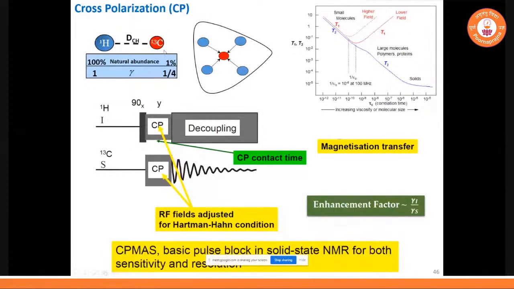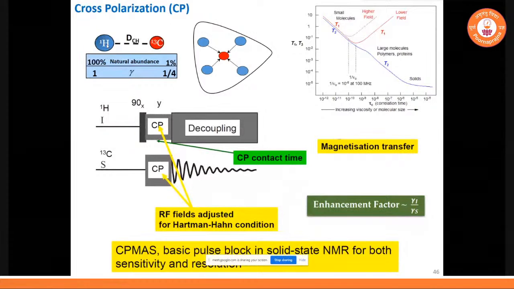So now in solids, I already told you, protons have very high dipolar coupling. So proton NMR in solids still is not routine. There are some specialized techniques, but people rarely use proton NMR in solids. In solid state, the first experiment people will do is for carbon, for any organic molecule.